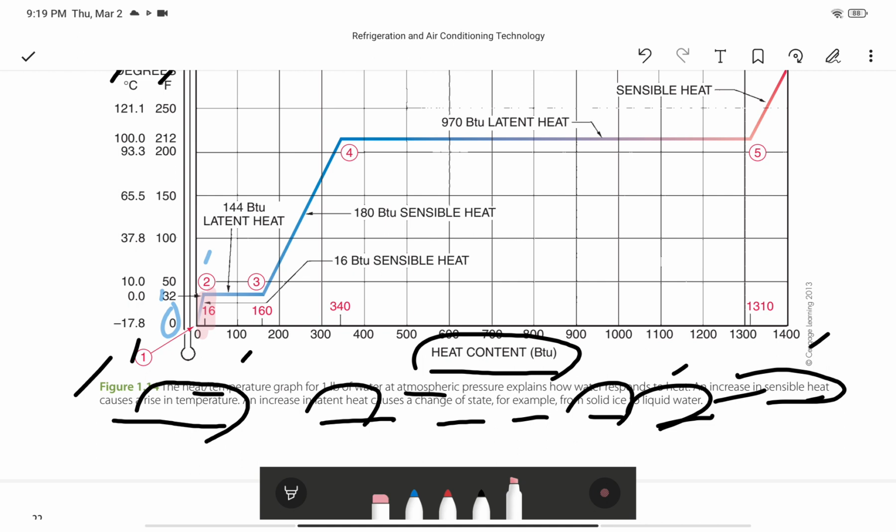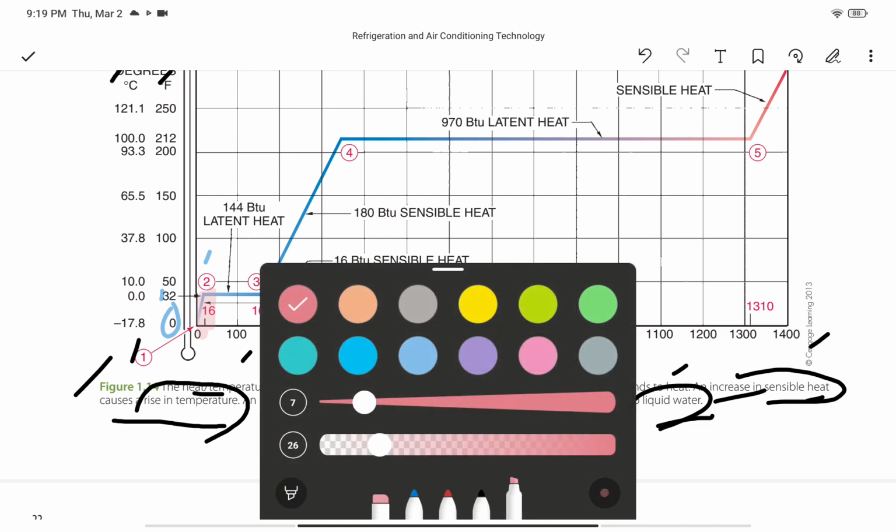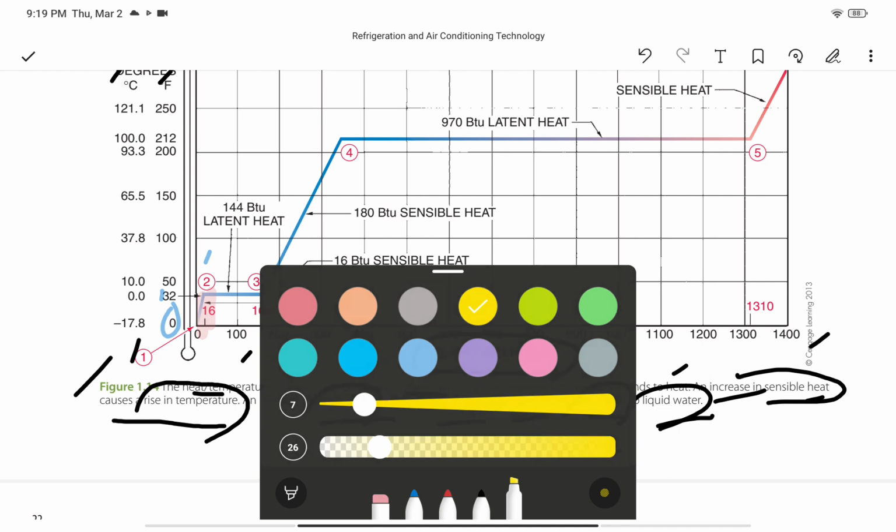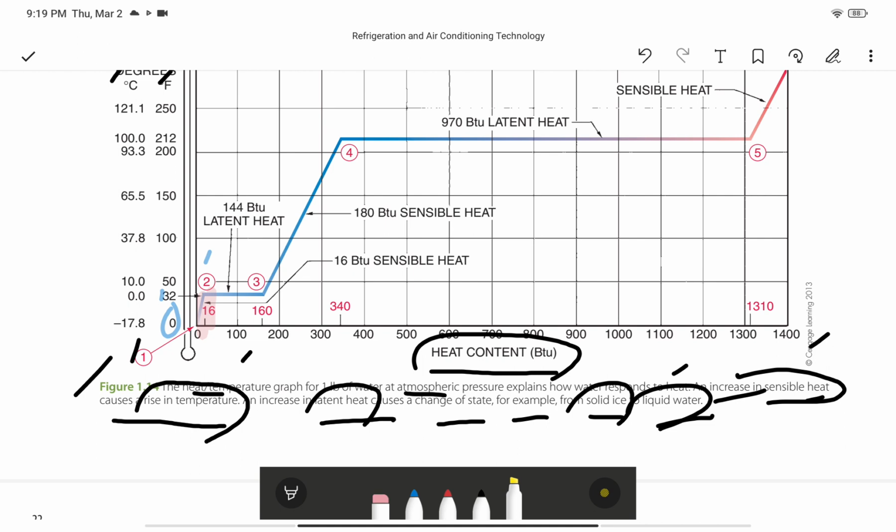Now from 2 to 3, obviously, he adds what? He adds latent heat from 2 to 3.